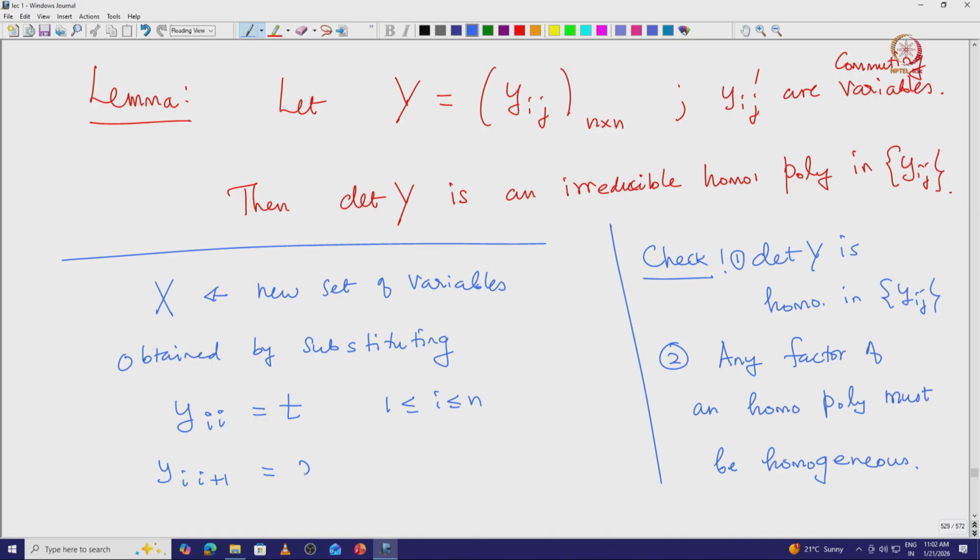There you put x_i for all i from 1 to n minus 1, and then you put y_{n1} to be x_n, and for all other entries we put 0. Okay. So, this is the substitution that we are actually doing. So, these are all the new set of variables that we are talking about.